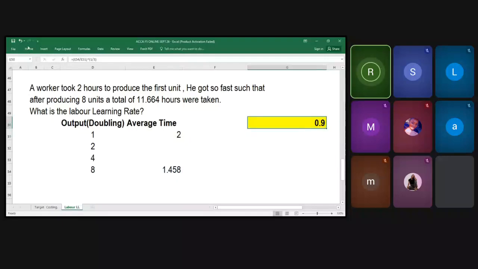So I have a learning rate of 90% here, which is correct. To those who tried and got 90%, that is correct.